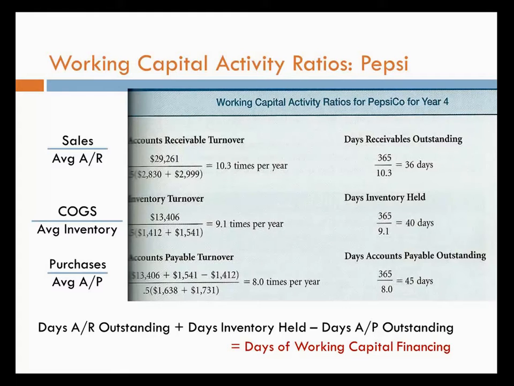They're holding their inventory for 40 days. Now, the good news is they're paying in 45 days. So that's good compared to receivables. That's a pretty good comparison, right there. It's because they're Pepsi and they can.